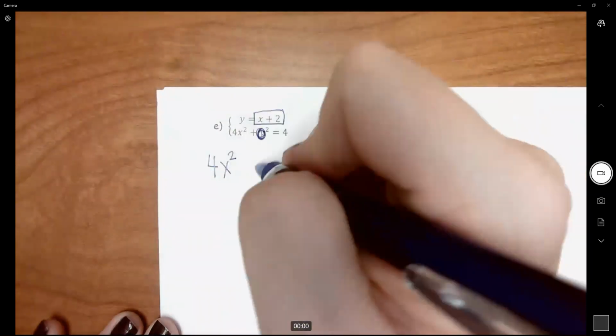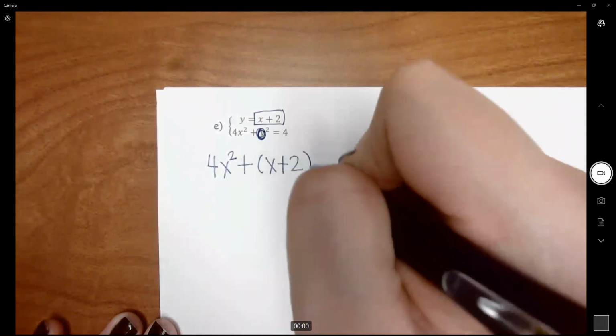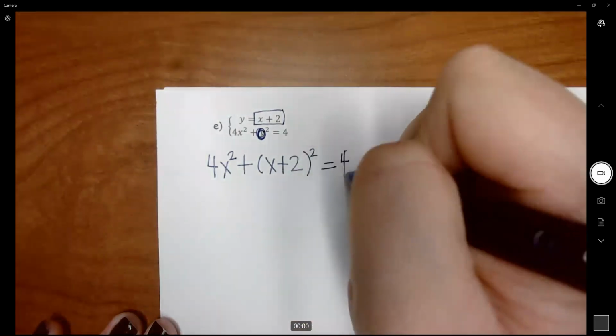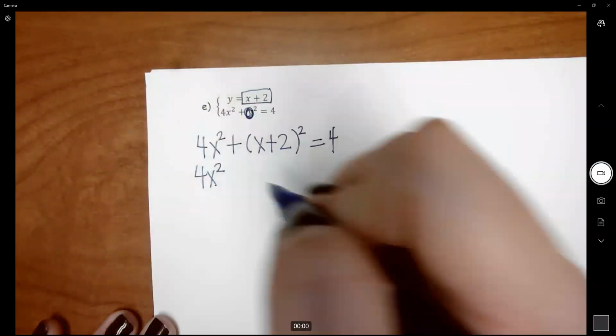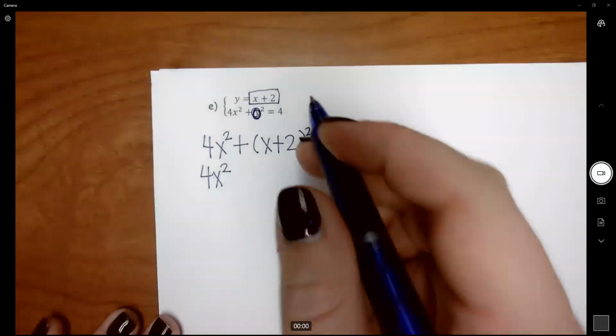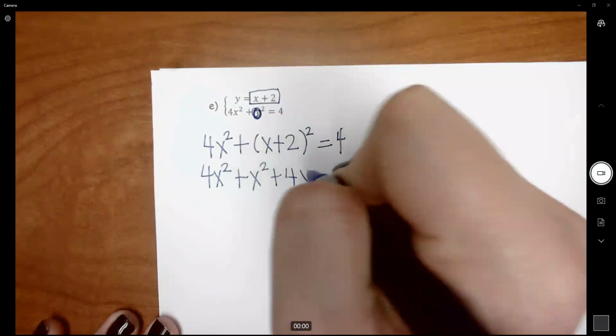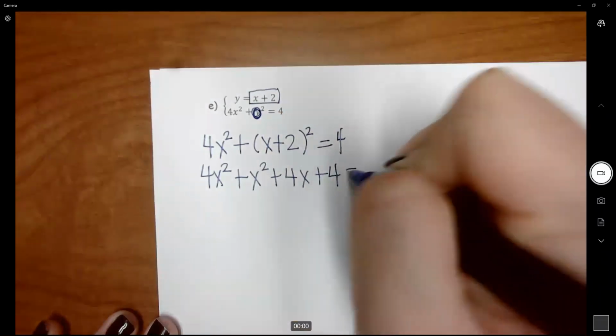So we get 4x squared plus x plus 2 squared. This is going to equal 4. So 4x squared. When I multiply this, you got to expand it, FOIL combined. We get x squared plus 4x plus 4 equals 4.